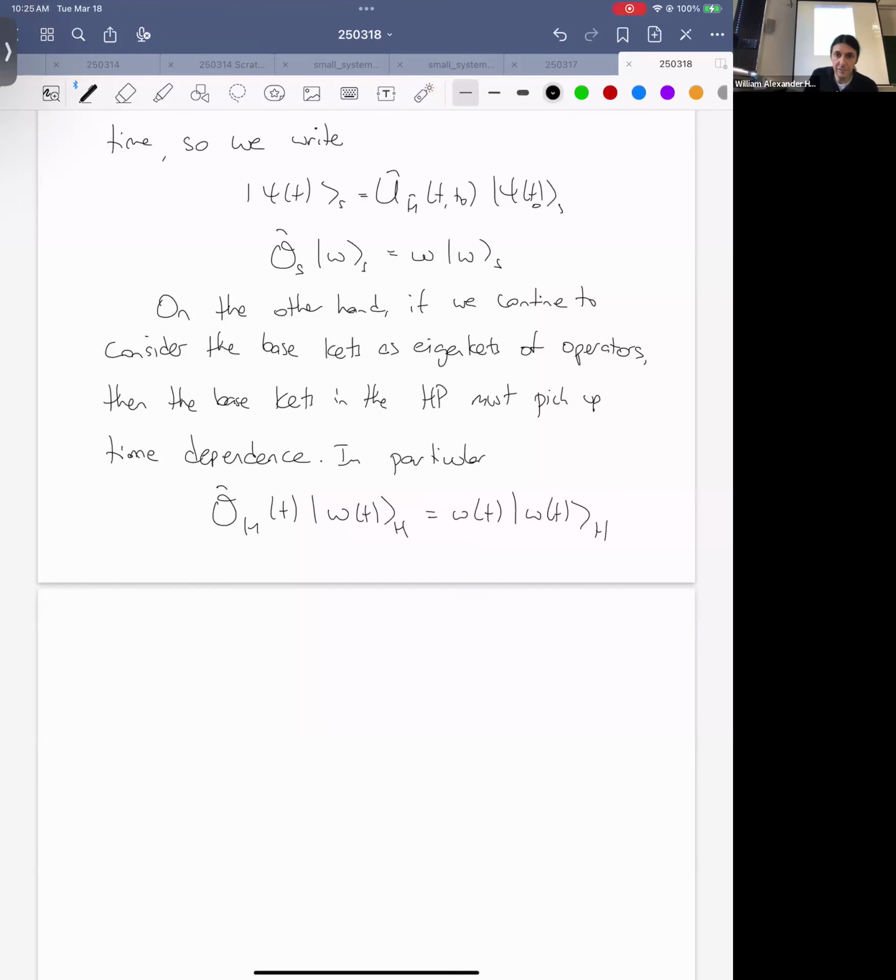So we can see this explicitly. Our operator in the Heisenberg picture is a similarity transform from the operator in the Schrödinger picture.